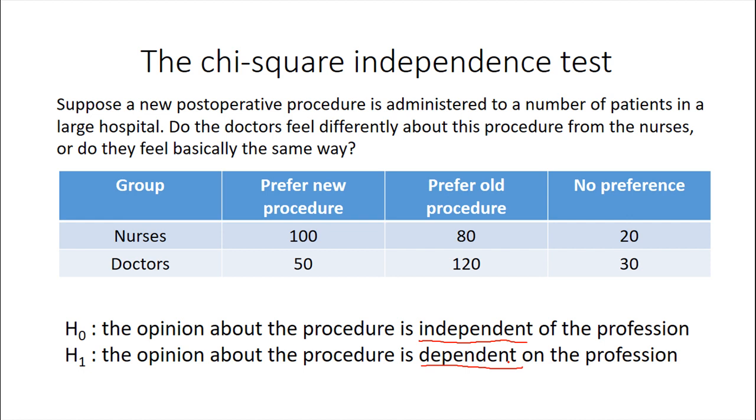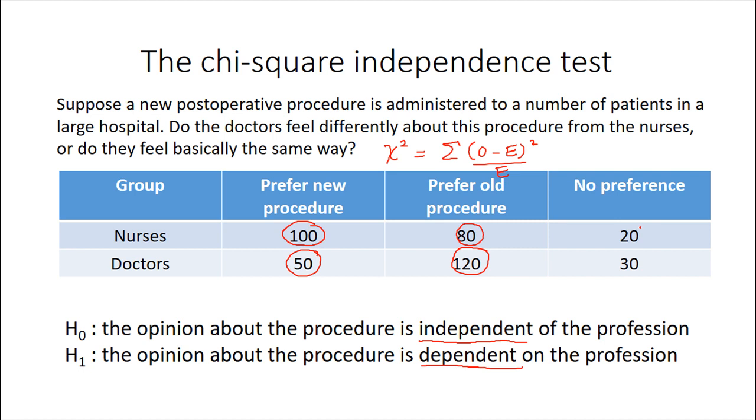Second step, since we are going to use the chi-square test, the chi-square statistic is the sum of observed minus expected, squared, divided by expected. All the data that we have now is the observed value.